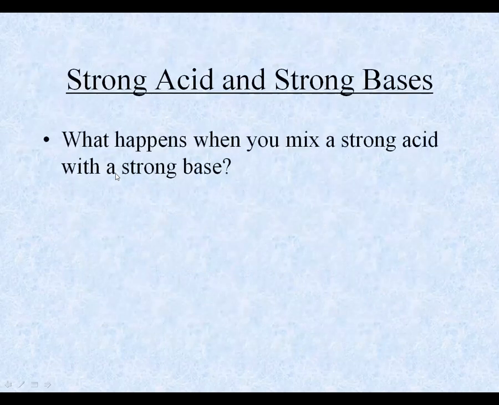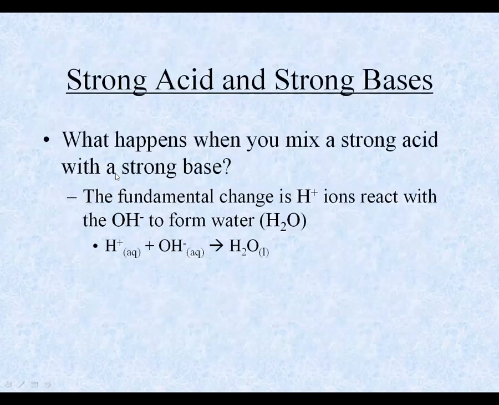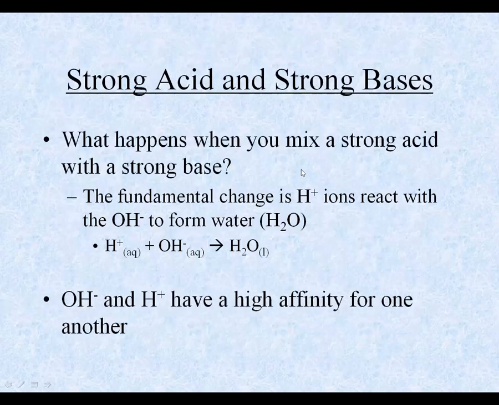So when we take a strong acid and a strong base together, this type of reaction is usually referred to as an acid-base neutralization reaction. The overall generic reaction that occurs is that when you take a strong base and a strong acid together, you basically produce two things.